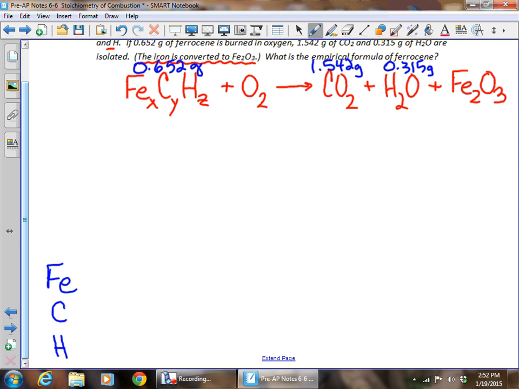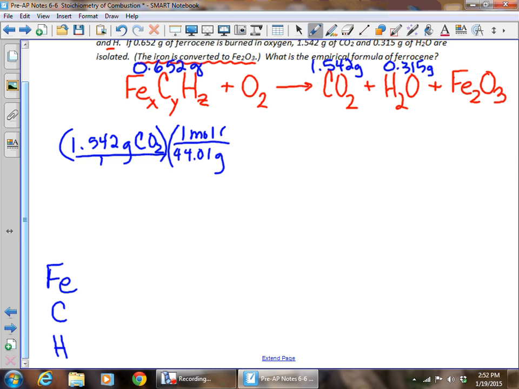So starting out the problem, we're going to look at the fact that we've got 1.542 grams of CO2. Do what we did in the previous problem. It's got 44.01 grams per mole of CO2. And remember our ratio, we just want the carbon and the hydrogen out of these compounds.